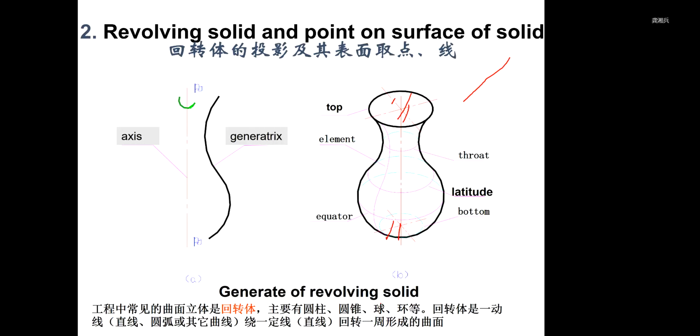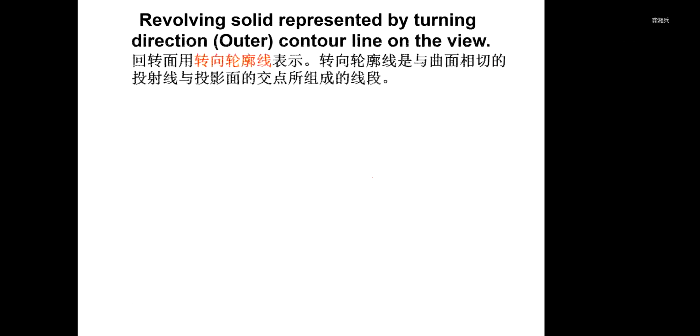The ring also is a revolving. So revolving uses lines or curves and other curves, then you run them across an axis. Then you get a closed shape. Remember, closed. So this revolving solid should be closed, not open. Closing makes this one a solid.